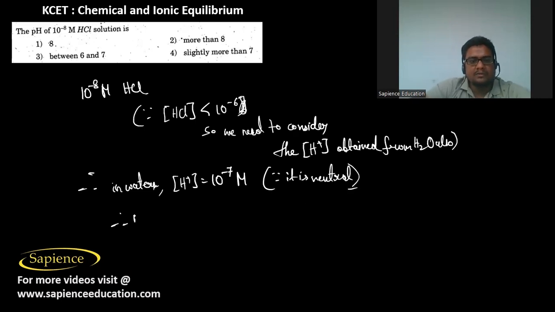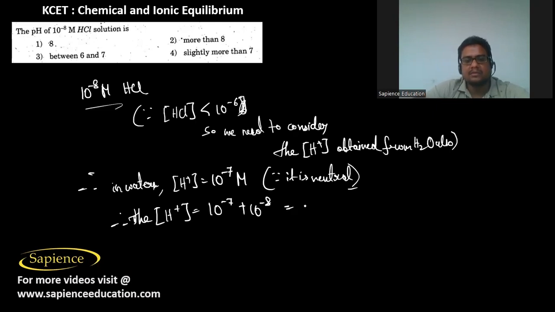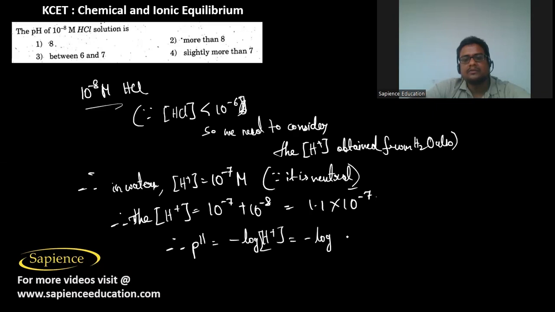So the net concentration of H plus ion will be 10 power minus 7 plus the H plus ions obtained from HCl, 10 power minus 8. You can write that as 1.1 into 10 power minus 7. So the pH will be minus log of 1.1 into 10 power minus 7, which is 7 minus log of 1.1.